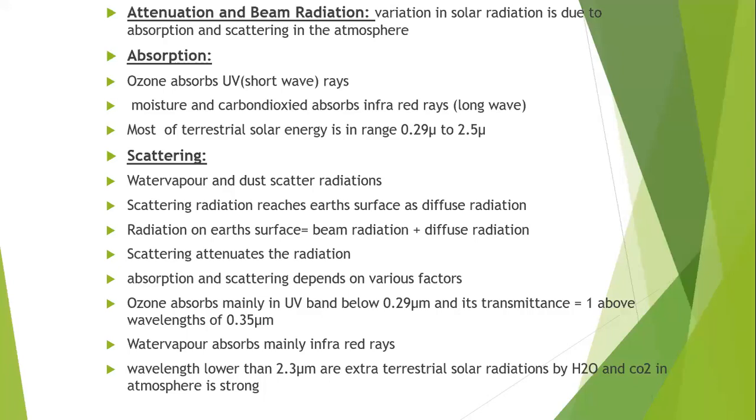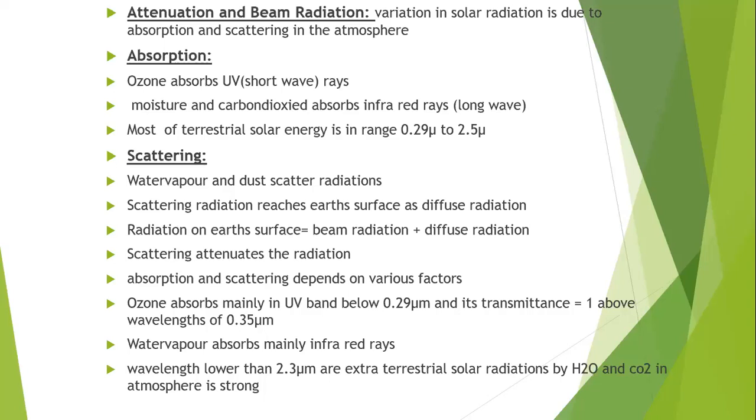When the solar radiation is coming to the Earth's surface, it is absorbed in different ways. At first, UV rays, ultraviolet rays present in the solar radiation, are absorbed by the oxygen and ozone.